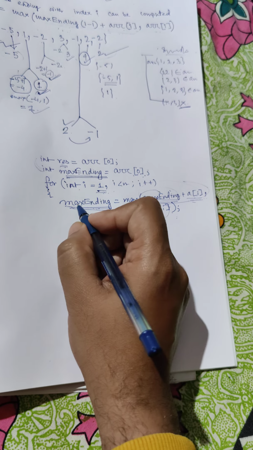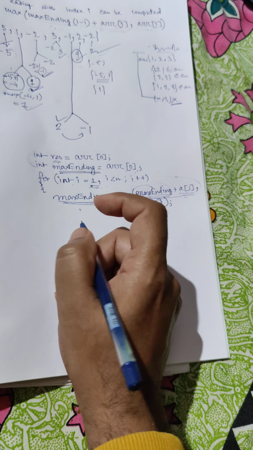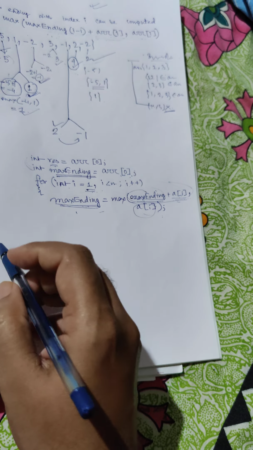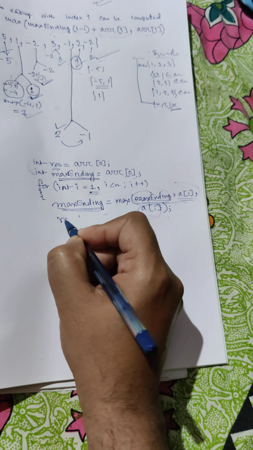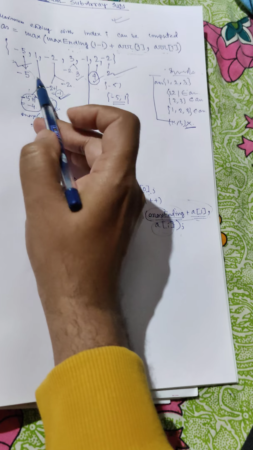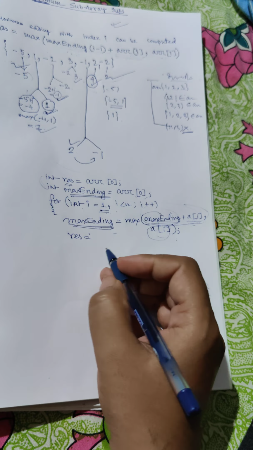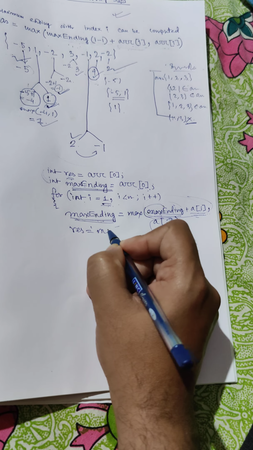Now, once we are done with the max ending, what do we have to do? We have to find out which is going to be the maximum out of all these max endings. How can we do it? Simple.